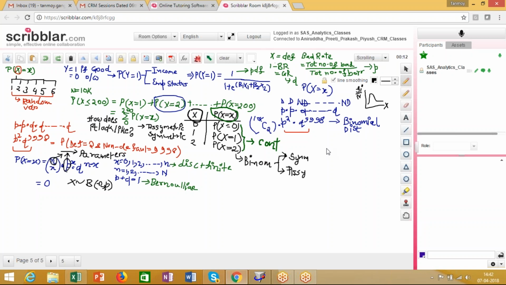So this is where we want to understand the symmetricity of the distribution. We have discussed what a binomial distribution is. So what do you think? Should a binomial distribution be symmetric or should it be asymmetric?